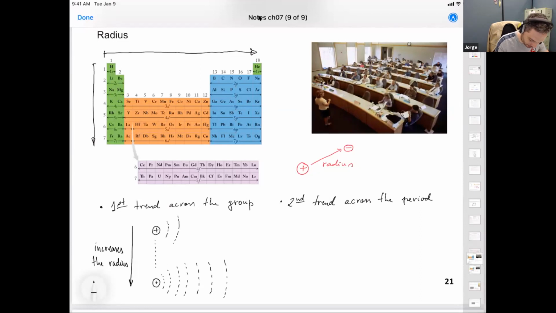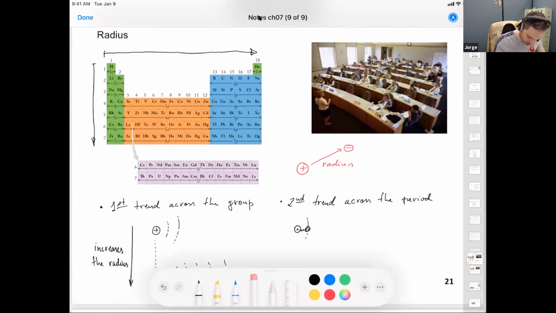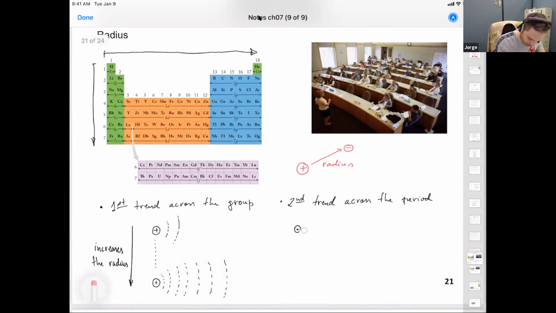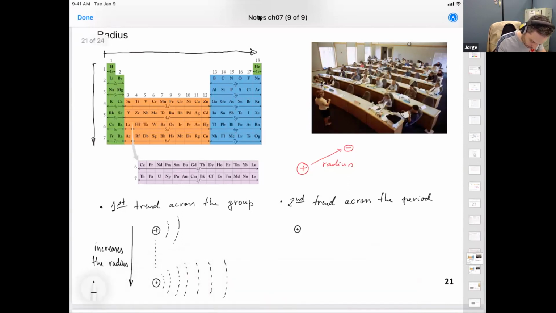So let's start here, for example, with hydrogen. So we have one proton and one shell and one electron here. Let's improve this drawing. One proton and then one shell and one electron in this shell. The proton will attract the electron, and that will give us the radius.